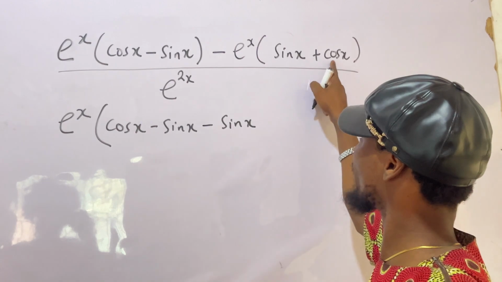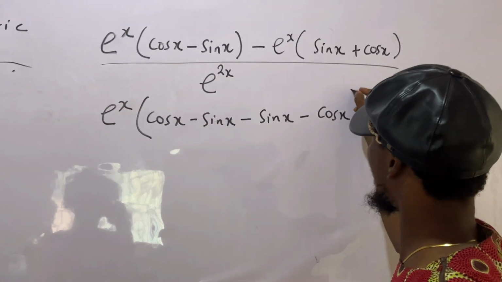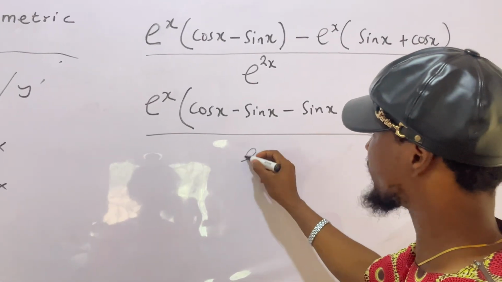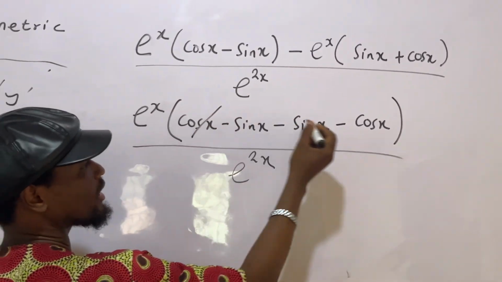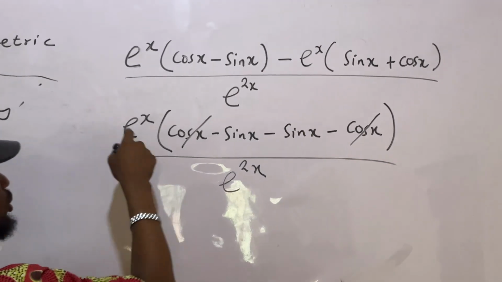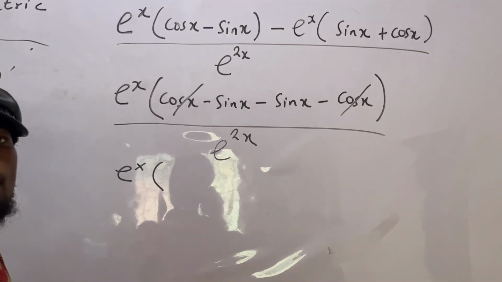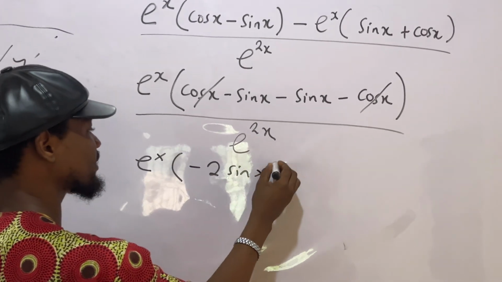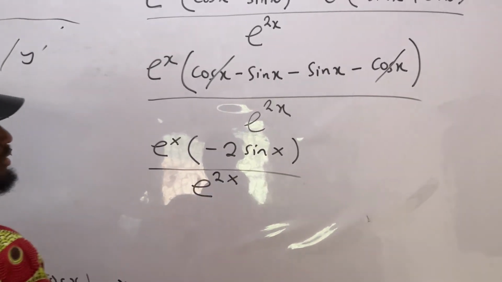This negative is also affecting cos x, so I have negative cos x. Then all over exponential 2x. Viewers, cos x cancels negative cos x, and they go to 0. So I have exponential x, then negative sine x minus sine x, which is negative 2 sine x, all over e to the power 2x.